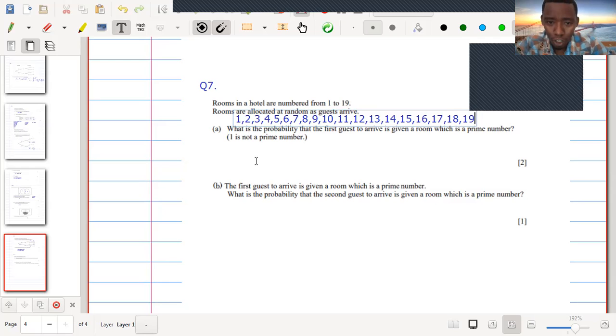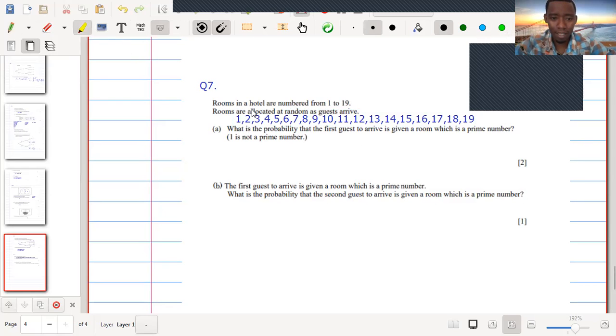Then among those numbers, we have prime numbers. Let me use a different color and select them.